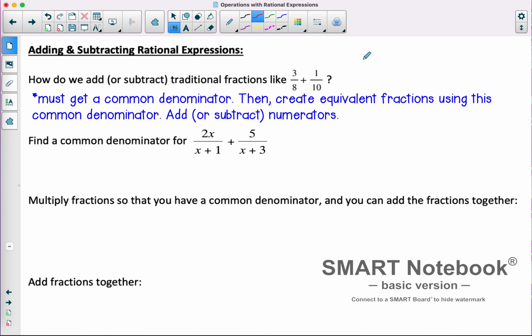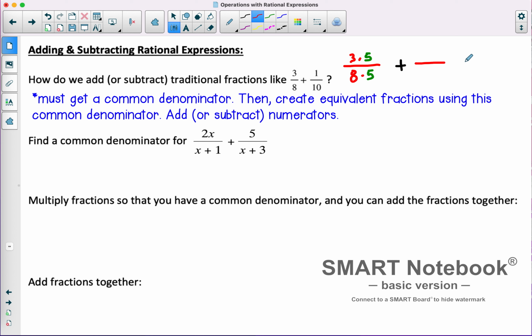So what we're doing is trying to scale up the fraction to have a common denominator, and we do that by multiplying the numerator and denominator by a value to get me that common denominator. That common denominator being 40 would make this first fraction scale up by a factor of 5 here. All right, and we're going to add 1/10.